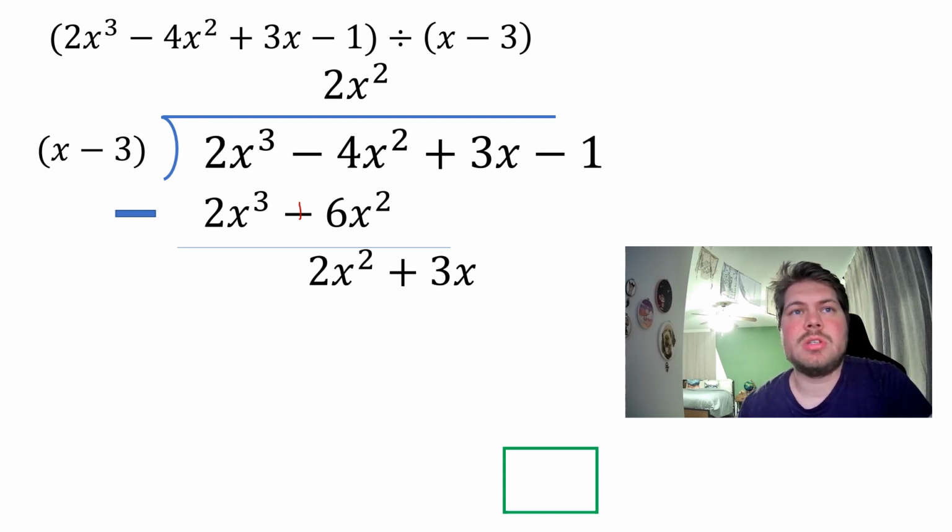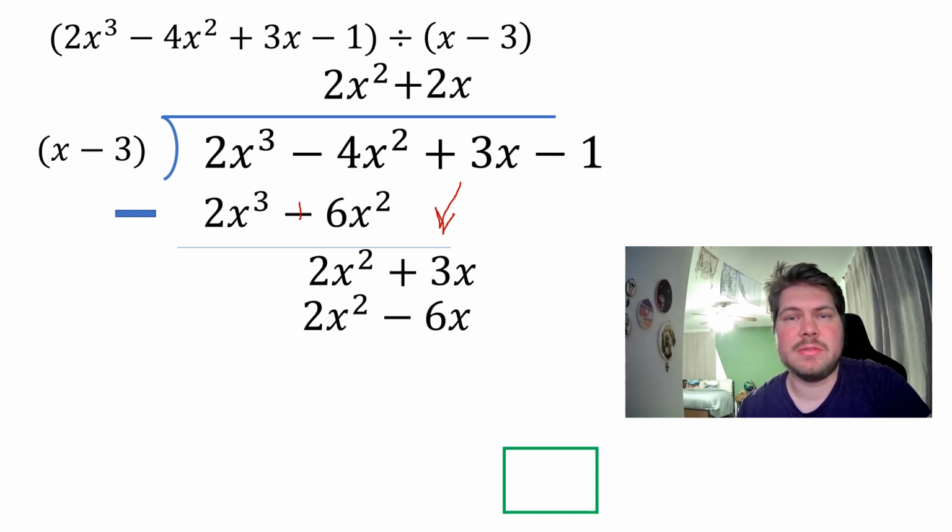So this becomes 2x squared, and then we brought this 3x down. Now, how many times does x go into 2x squared? I'd say 2x amount of times, because 2x times x would give you 2x squared. And then negative 3 times 2x will give you negative 6x. Then we're going to subtract, and minus minus is plus, so we get 9.